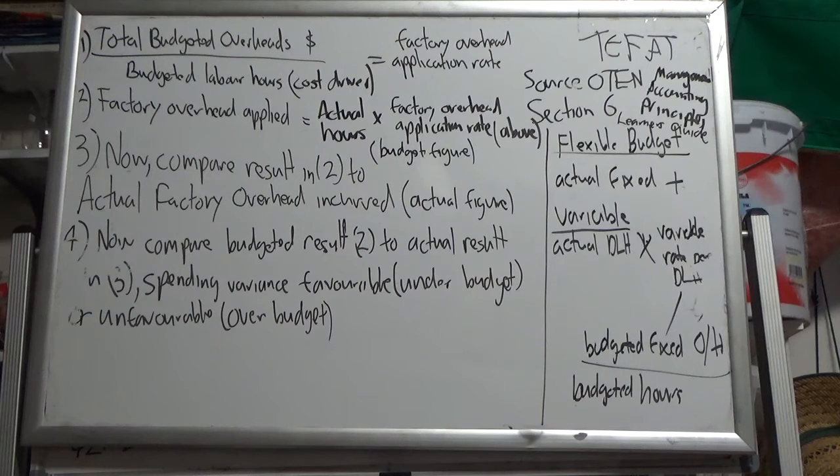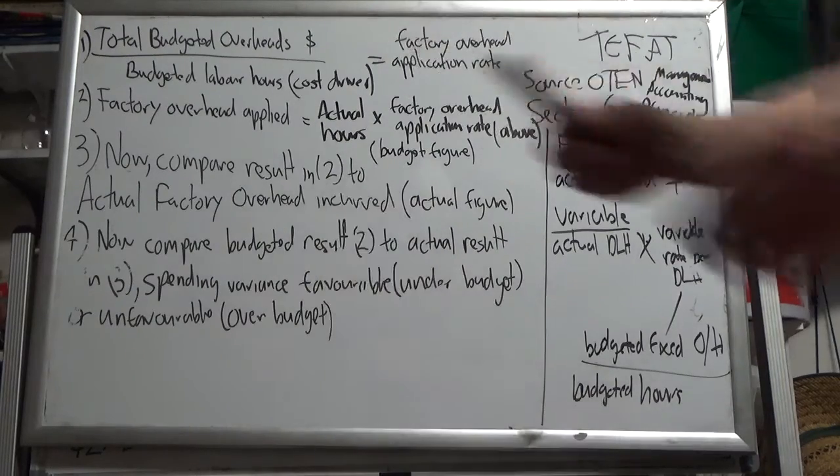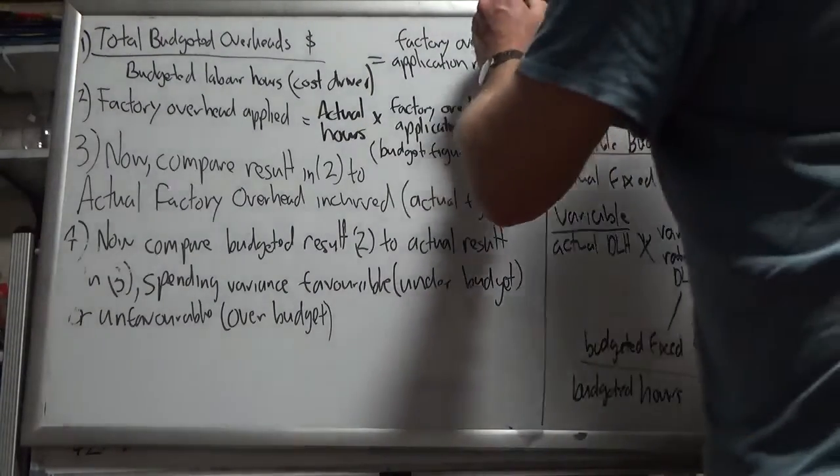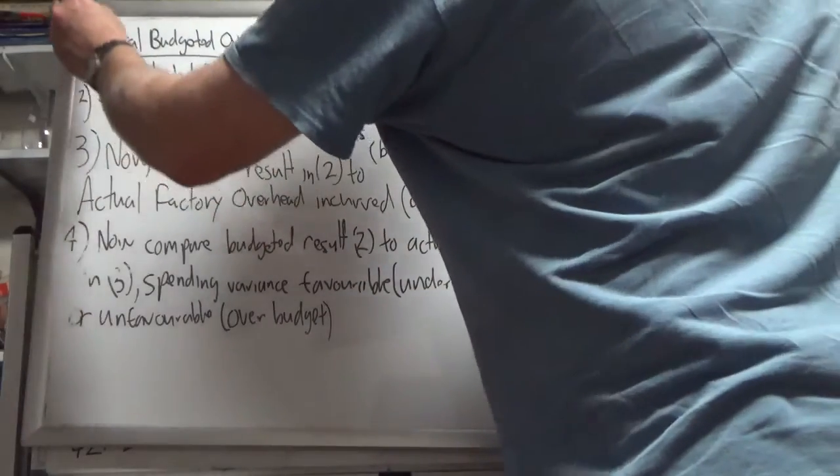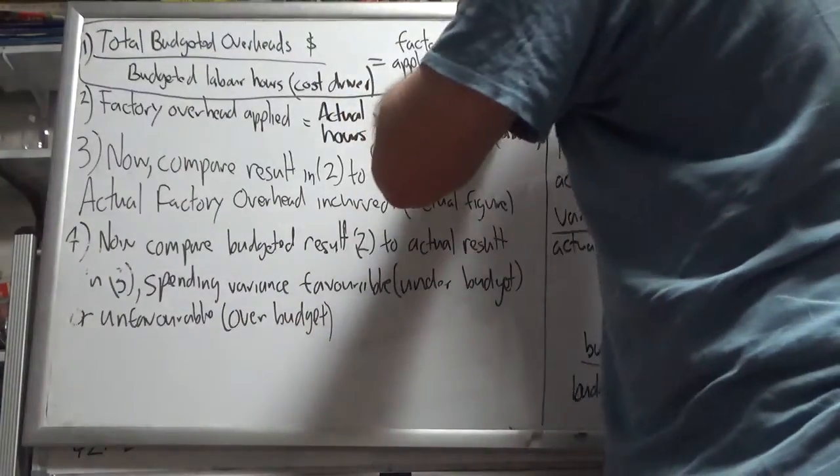Okay. Now the figure for the factory overhead application rate equals, I thought that was a title. That's actually the numerator. So this is our formula for factory overhead application rate. Okay, I'll just put a rectangle around it.